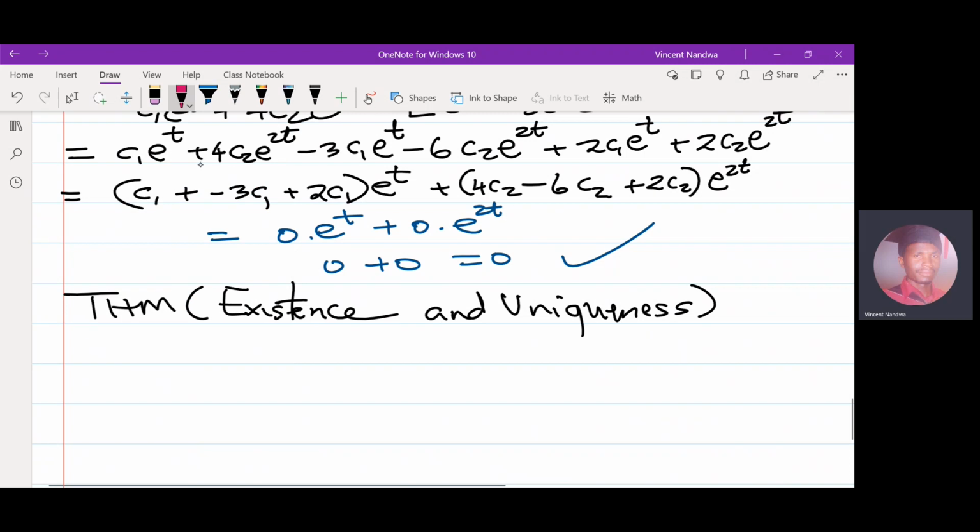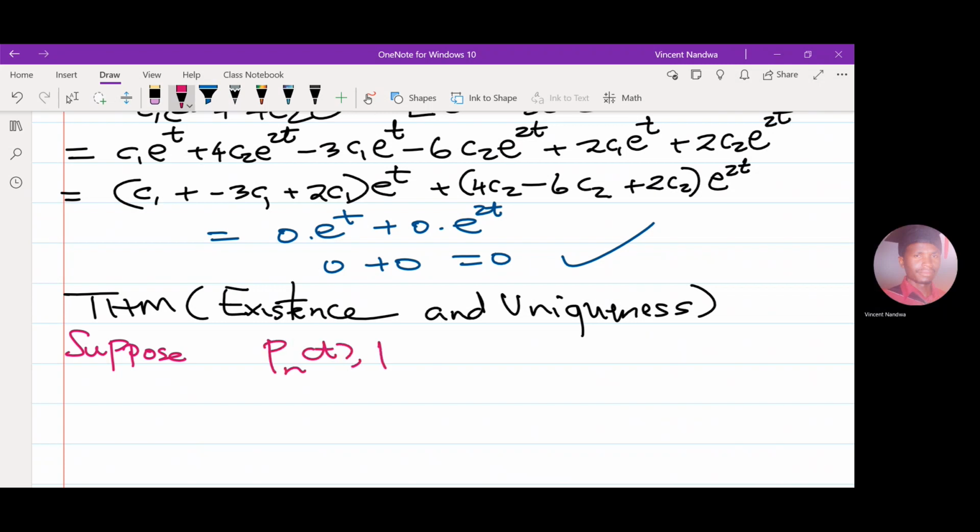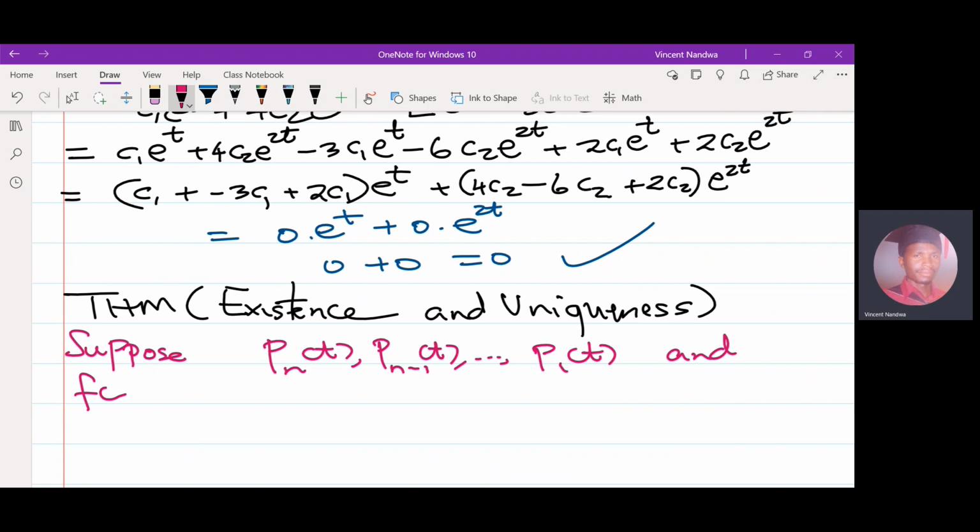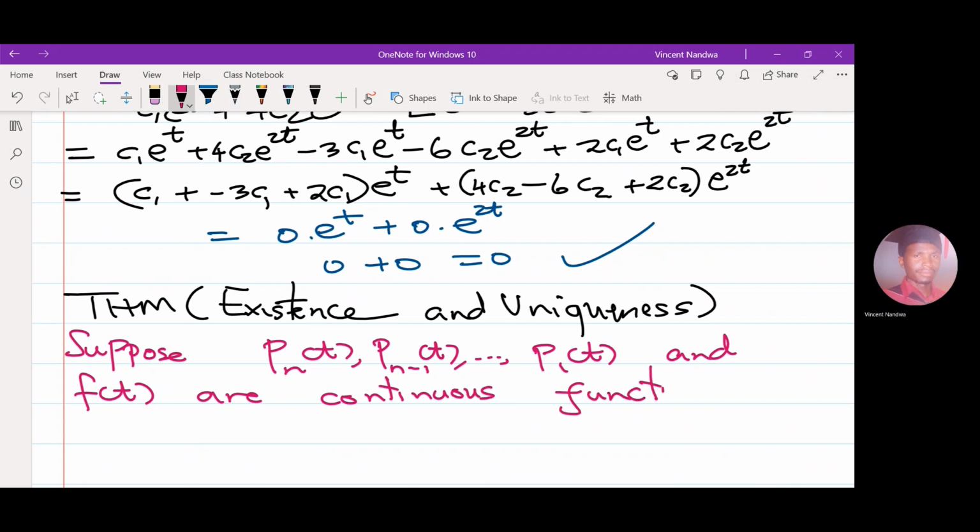So suppose that Pn of t, Pn minus 1 of t, up to P1 of t and f of t are continuous functions on an open interval.